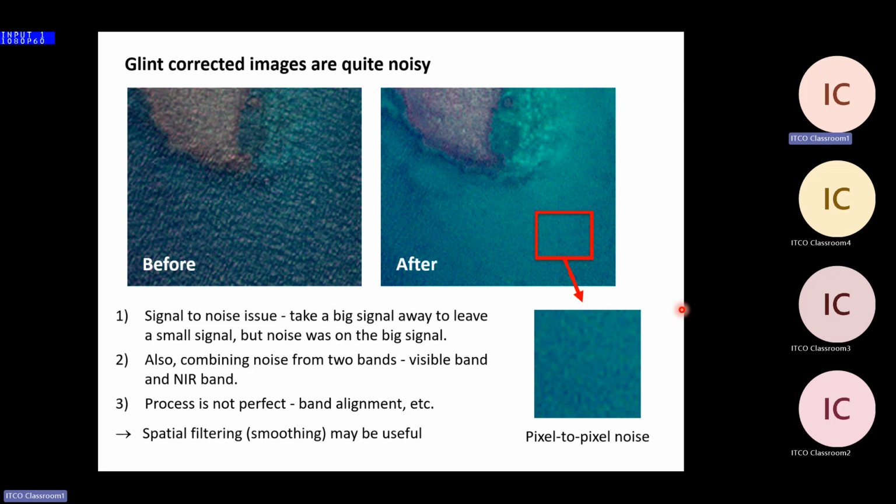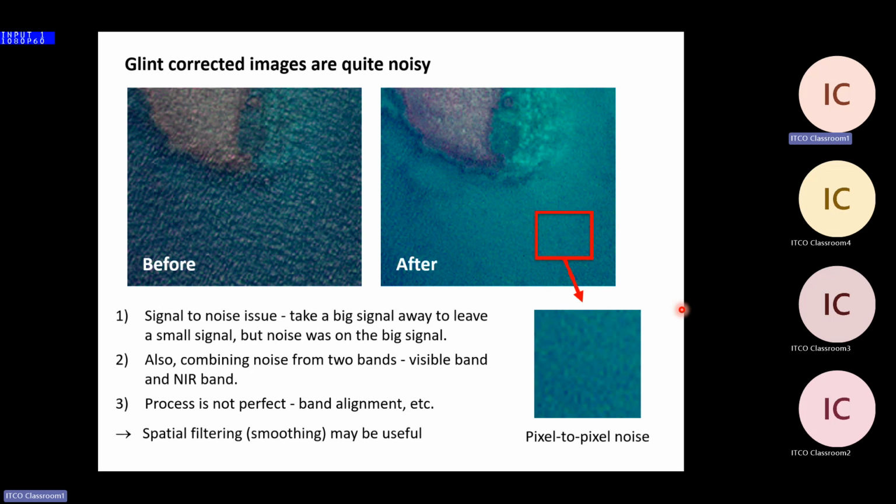Also, you're taking a big signal away from a small one. The glint can be very bright, and you're subtracting that from the reflectance. Any sort of error in that, it's not perfect, you then have left on a relatively smaller signal.